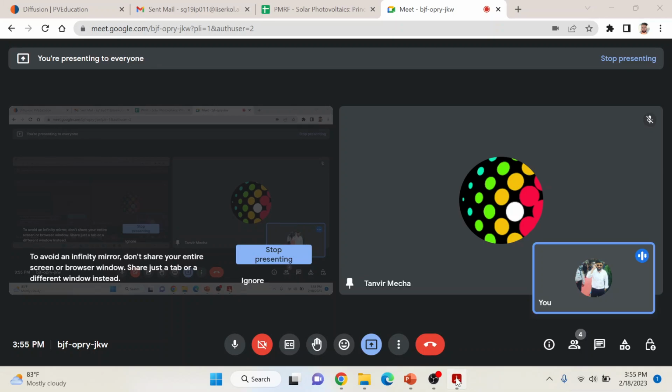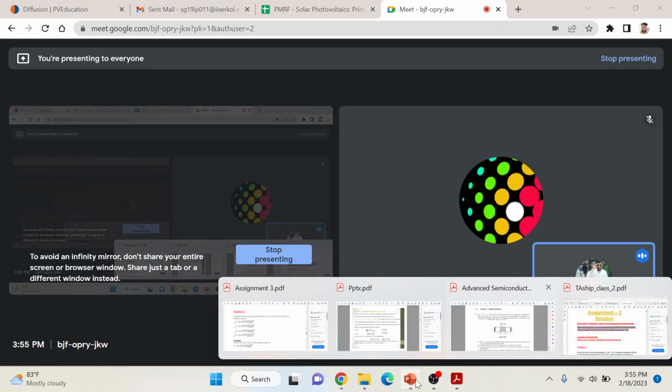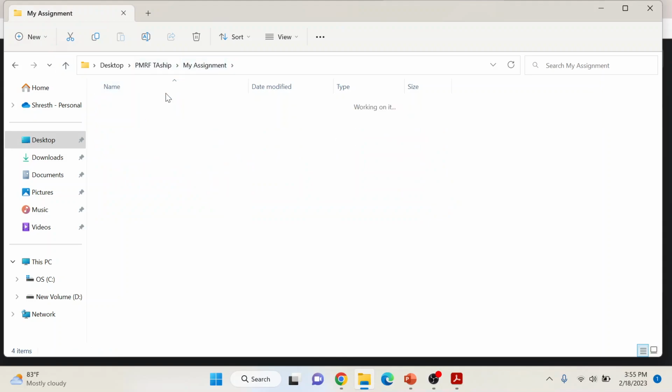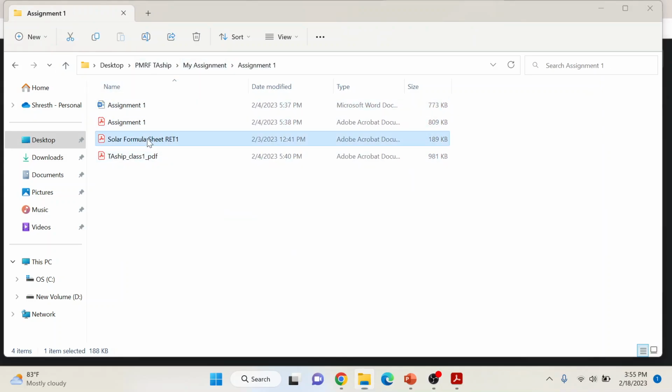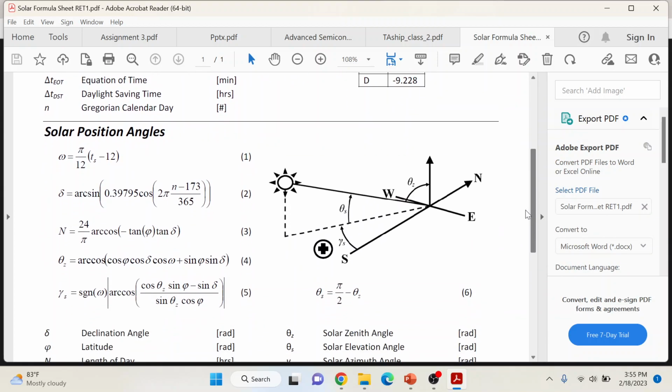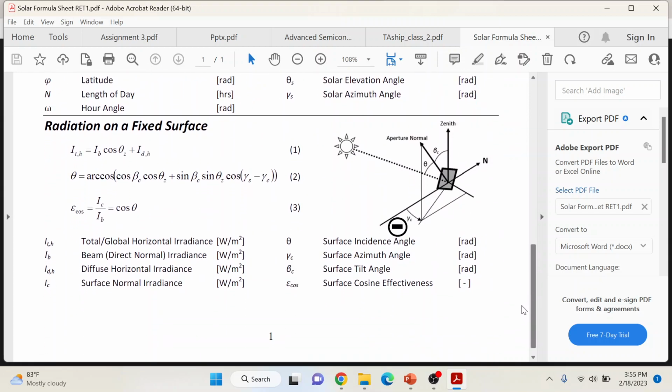I don't know what to say in this regard, but if you see this formula sheet, you can stick it in your room and try to learn it.